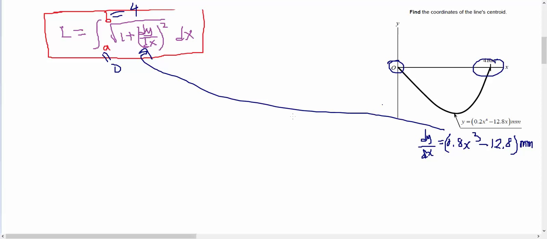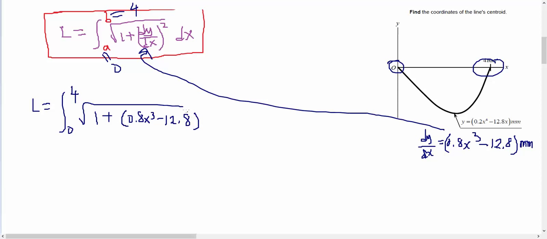So L equals the integral from 0 to 4 of the square root of 1 plus (0.8x cubed minus 12.8) squared, dx. Plugging into my calculator, I get 48.7126 millimeters.